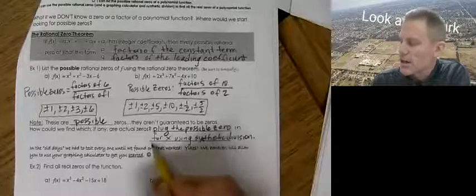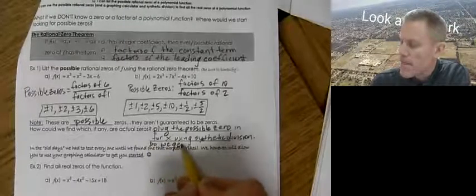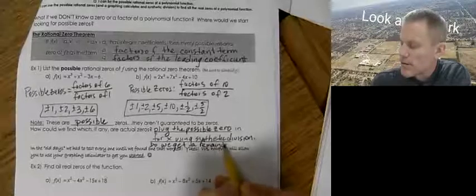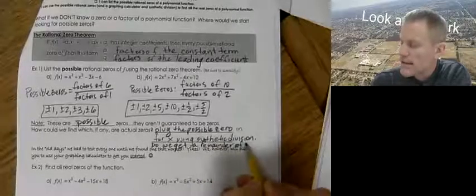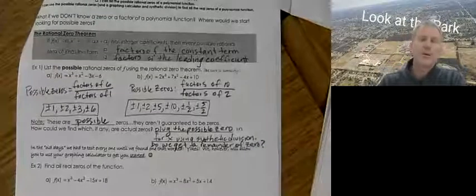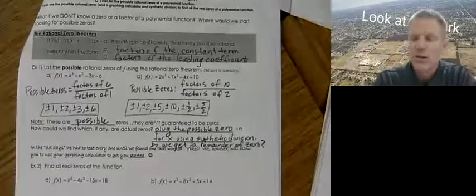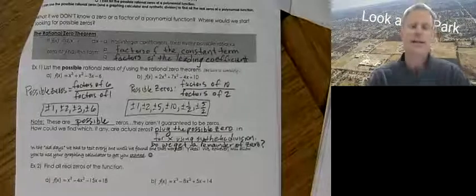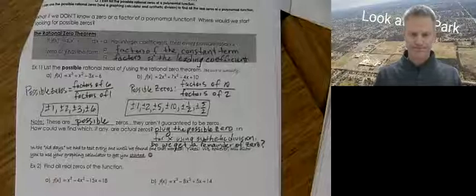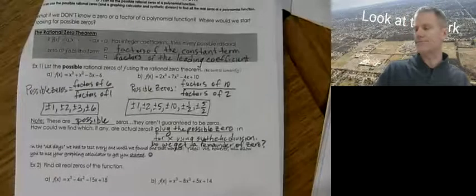And the question is, do we get a remainder of 0? If we get a remainder of 0, then we know that that is actually a 0 of the function. So let's go ahead and try it.